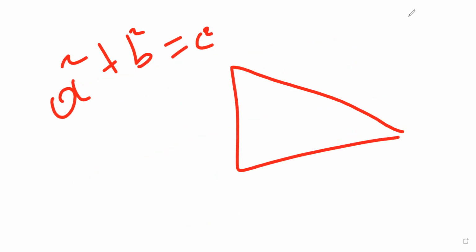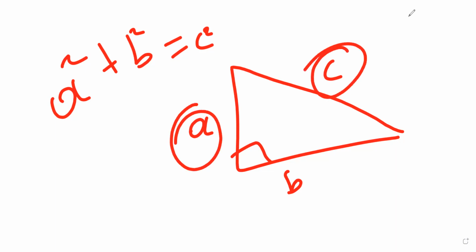Now, if you look at this carefully, if I have a right triangle like this with sides a, b, c, and I want to find one of these sides, you can see that we have sides on this triangle that are missing.